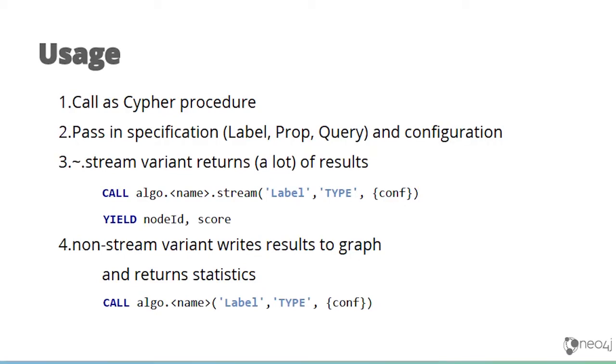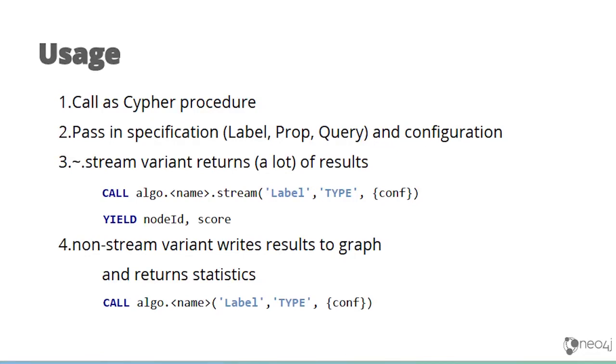So how are the algorithms used? As I mentioned before, you're calling it as a Cypher procedure. You're passing in the required information for that particular algorithm, which are things like what labels you're trying to run it across, or the properties, et cetera. And then there are two different types of result sets that you can get back.